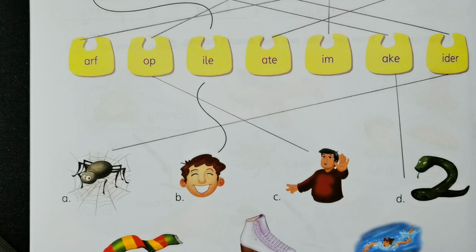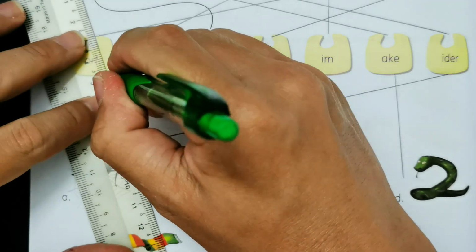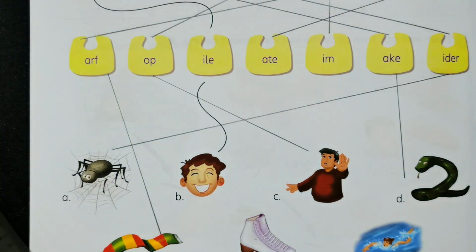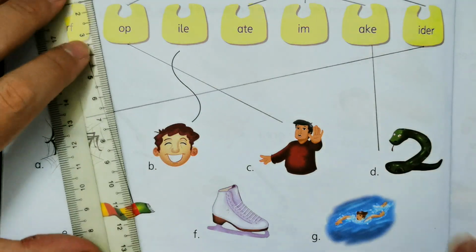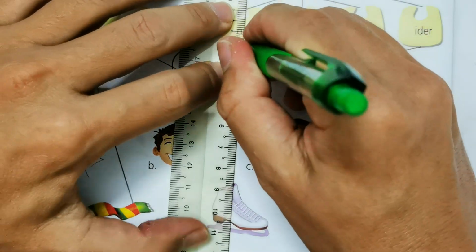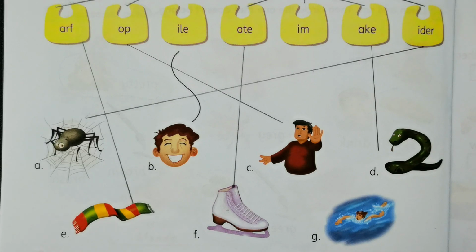And then D, snake, we already done. And then E is scarf. So we have here scarf. And then this is skate. And then we have the final one, swim.